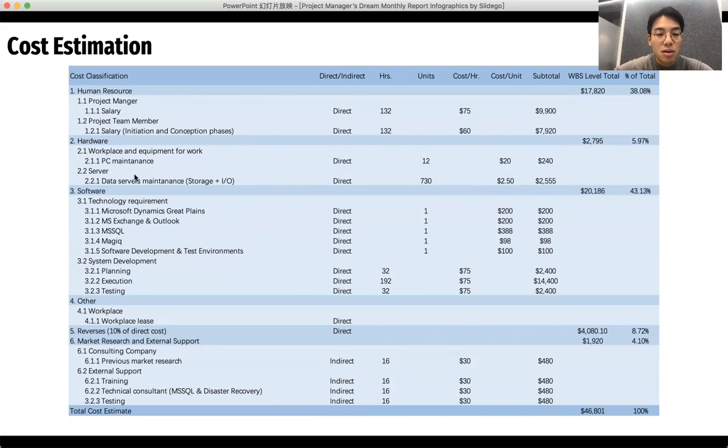And also the data service, including the data storage, processing, and the input and output transformation data costing. It is like 1 TB per hour per AUD, and it will be prolonged for 2 years, and the subtotal is like here. So the total cost is around 46,000 for this part.